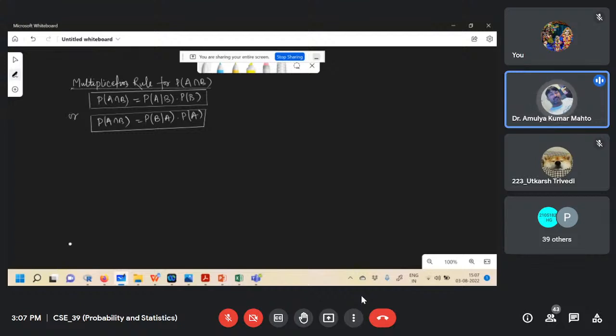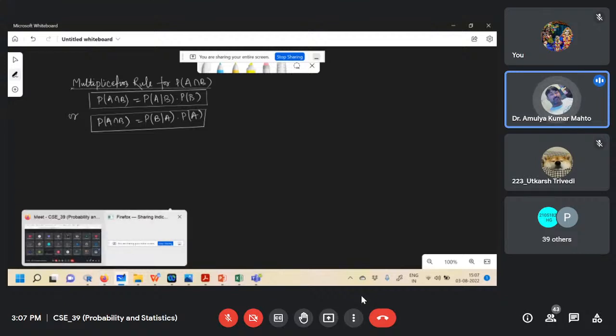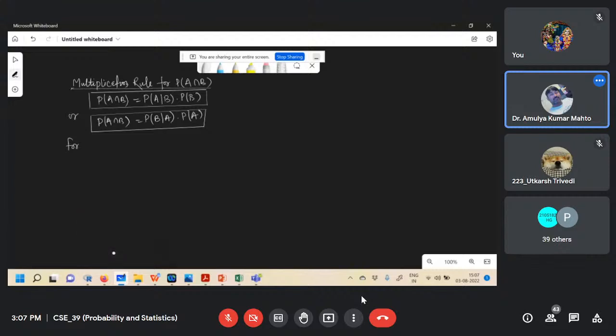So this is for two events, A and B. What if I have three events? Let me generalize this for three events, suppose A1, A2, and A3.